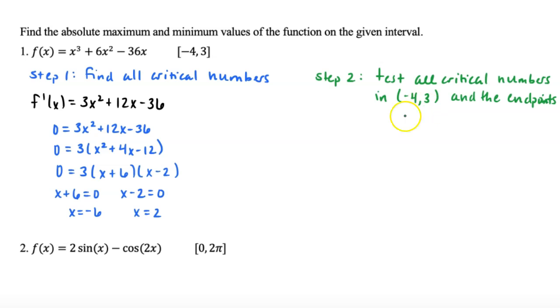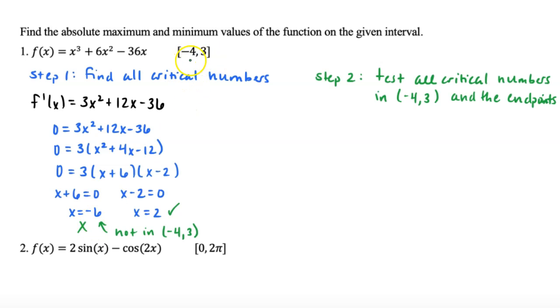So critical numbers in the interval. So x equals 2, yes, it's in my interval. X equals negative 6, no, we do not want to test this because negative 6 is not in the interval from negative 4 to 3. If I test the point x equals negative 6, I might get an absolute max or min that I don't want.